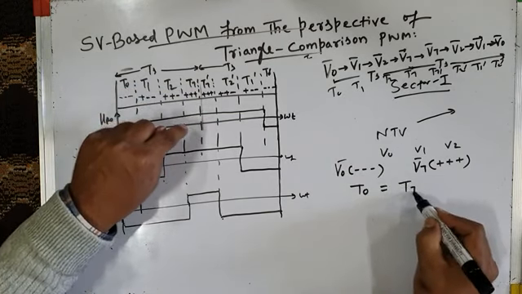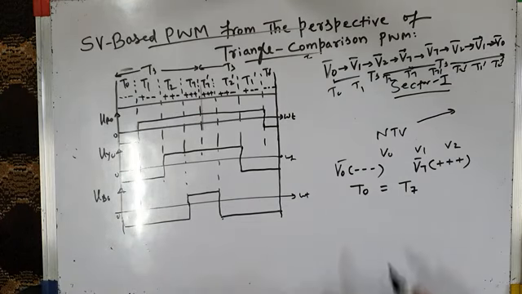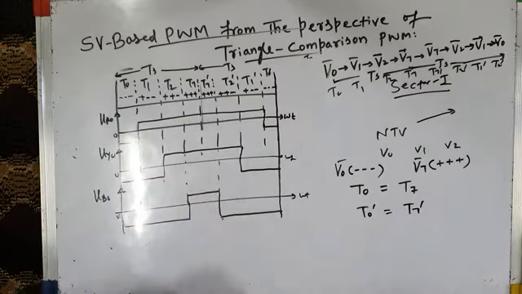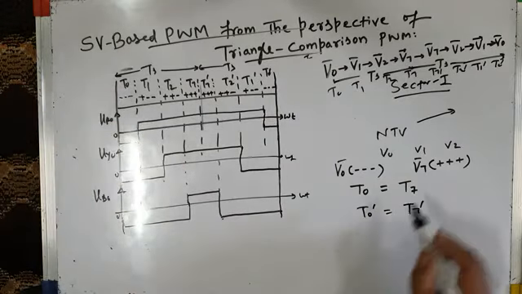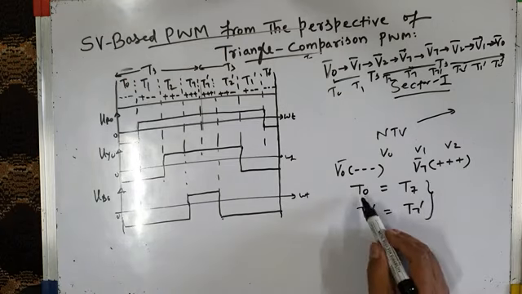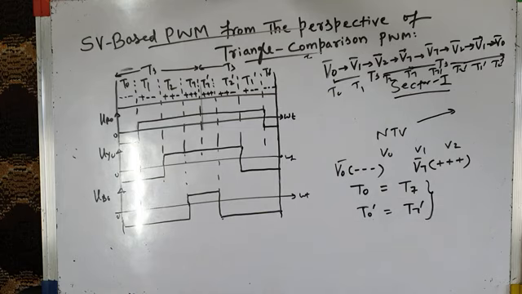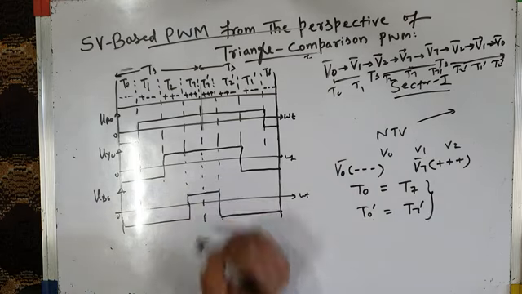And you can see in the space vector approach, T0 is exactly equal to T7. Similarly, T0 dash is equal to T7 dash in the next subcycle. So in all samples, in all subcycles, these dwell times are always equal. T0 is equal to T7 or T0 dash is equal to T7 dash. This is true with the space vector based approach.